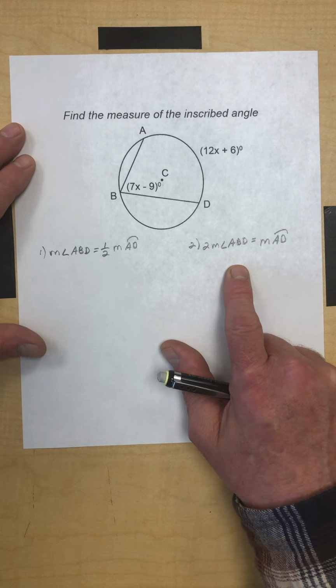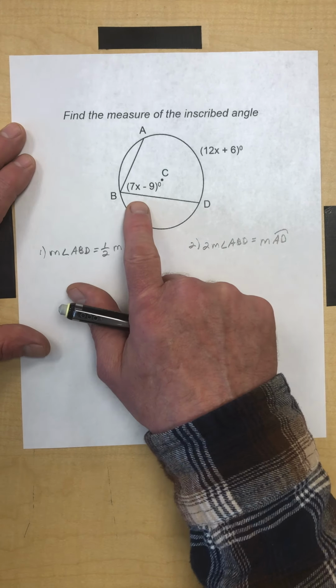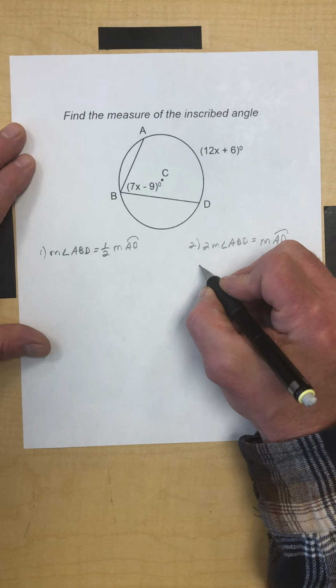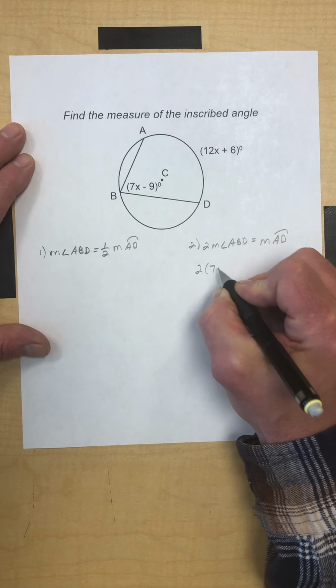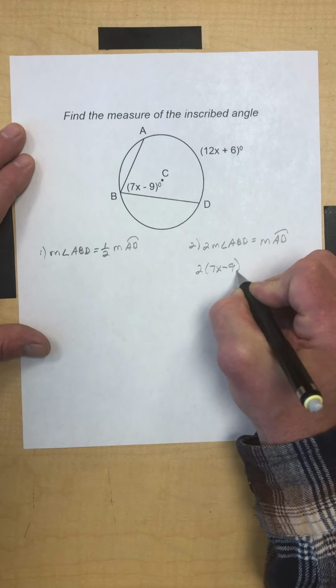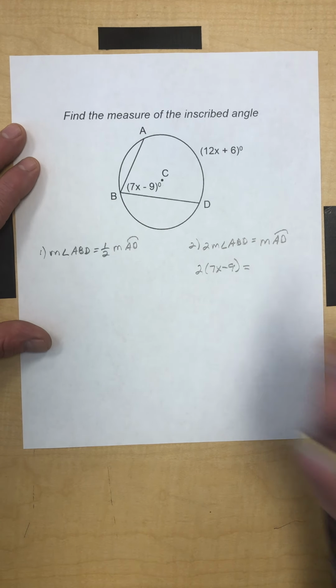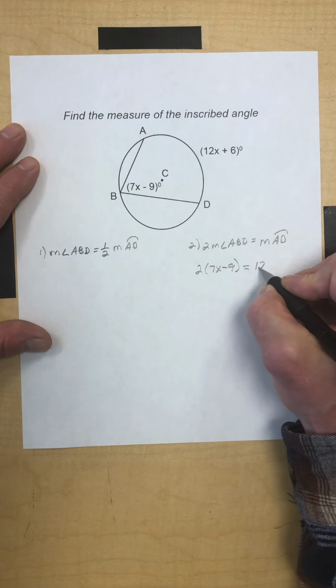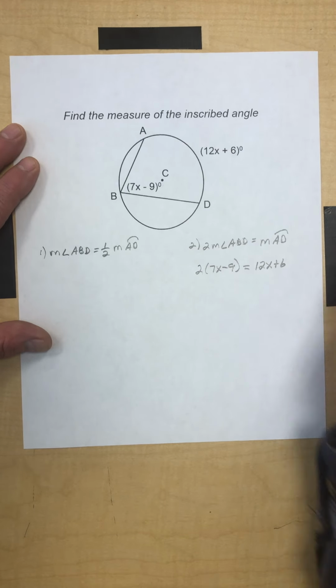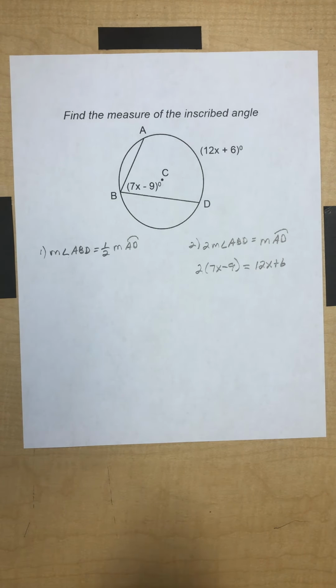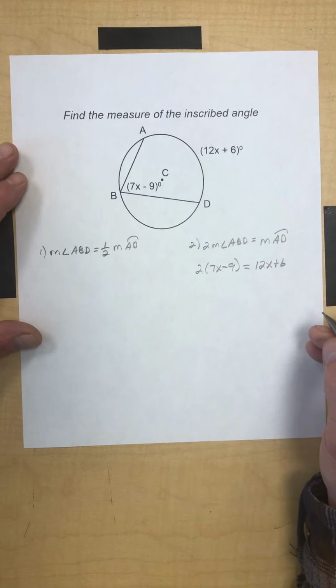So we go 2 times the measure of angle ABD, and ABD is 7x minus 9. So we're going to have 2 times 7x minus 9 equals the measure of arc AD, which is 12x plus 6. And this is a pretty easy equation to solve. You probably learned how to do it in middle school.